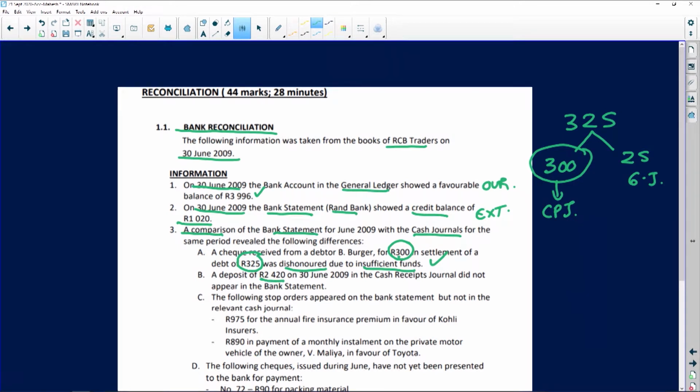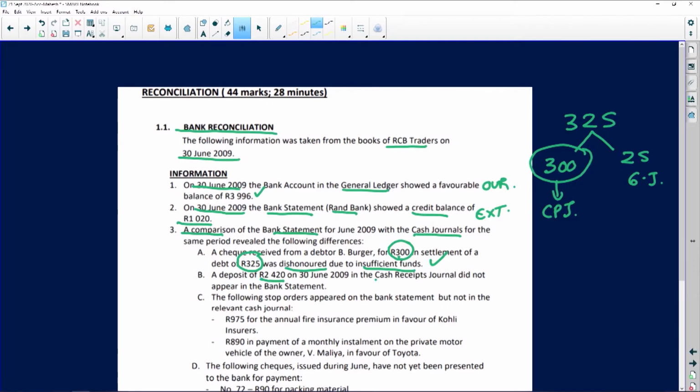Okay, so we've got a deposit for 2,420 Rand. It's appearing in the CRJ in our records, but it's not appearing in the bank statement. So for some reason, the bank is not acknowledging on the bank statement that we deposited 2,420 Rand.